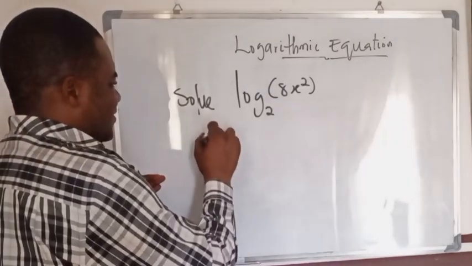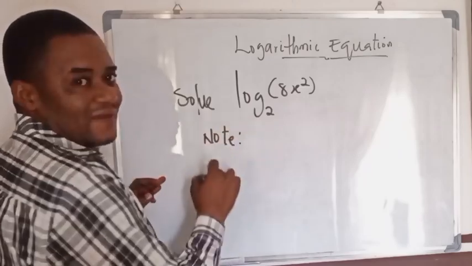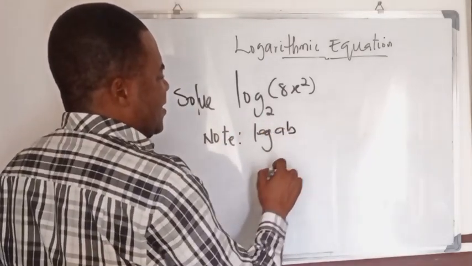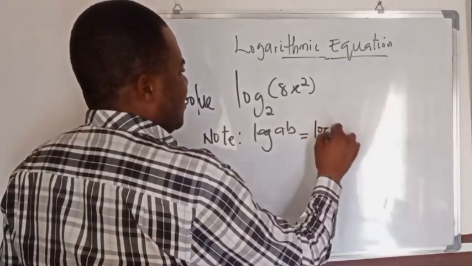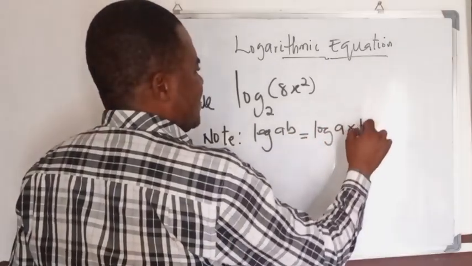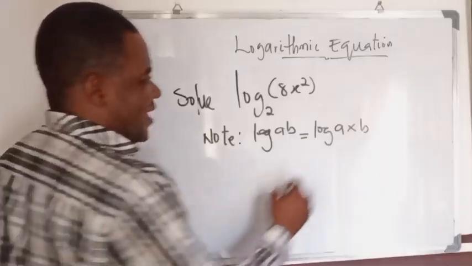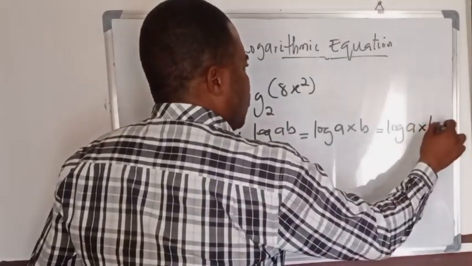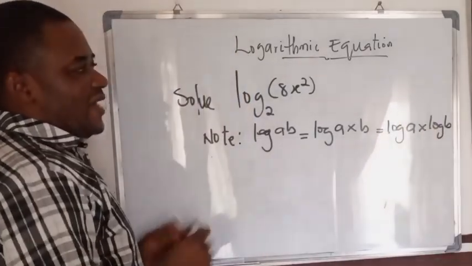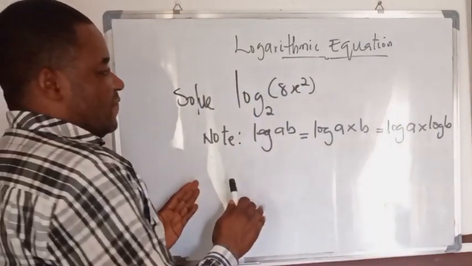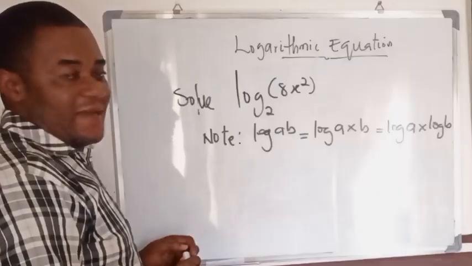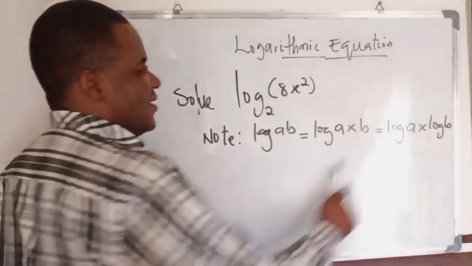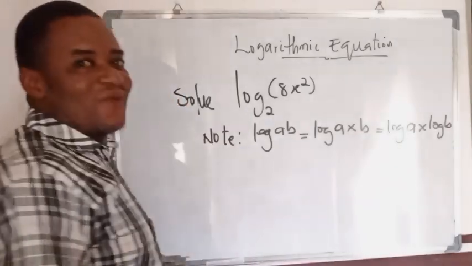Note that log of AB is the same thing as log of A times B, and it's the same thing as log of A times log of B. That is how it is presented.